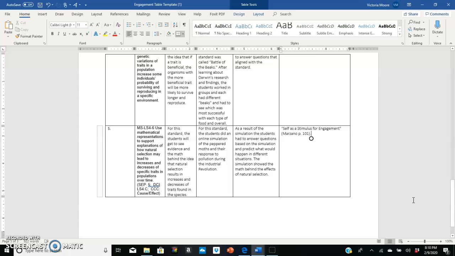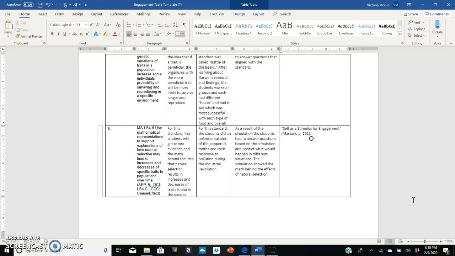Now, my 5th standard, MSLS 4-6, use mathematical representations to support explanations of how natural selection may lead to increases and decreases of specific traits in population over time. For this standard, the students used evidence and the math behind the idea that natural selection results in increases and decreases of traits found in the species.